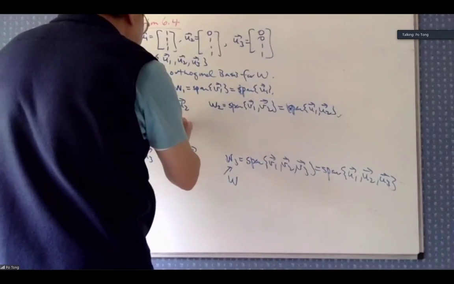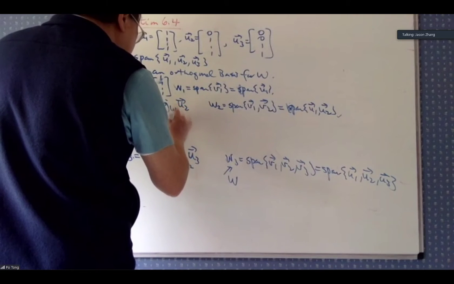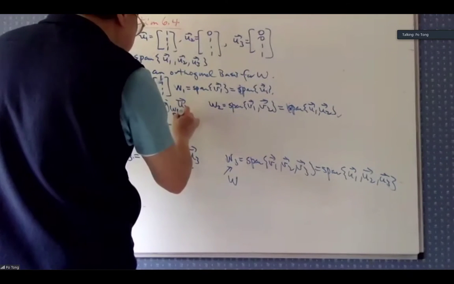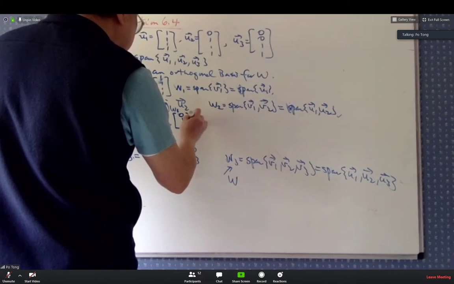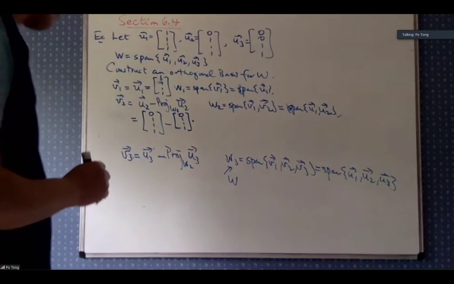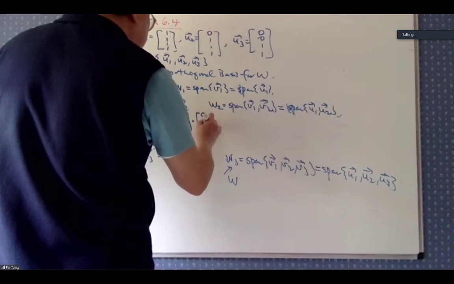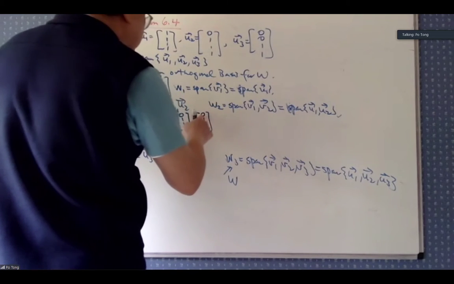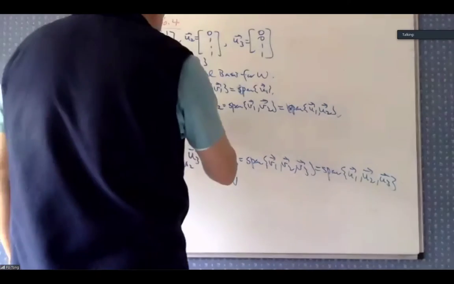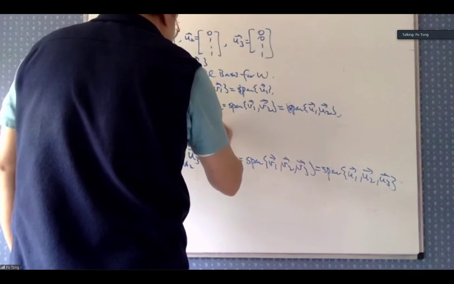That projection will be U2, which is this guy, dot V1, over the square of the norm of this guy, which is 4, times this guy.